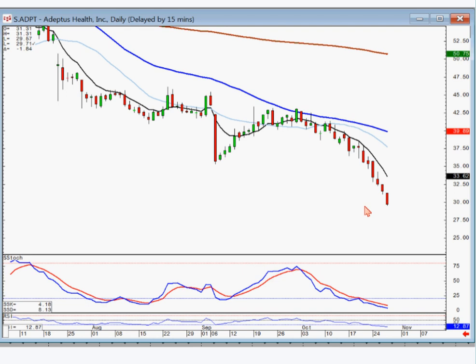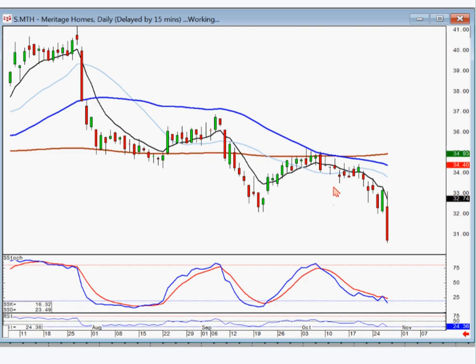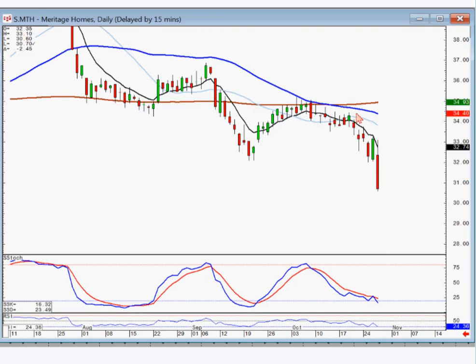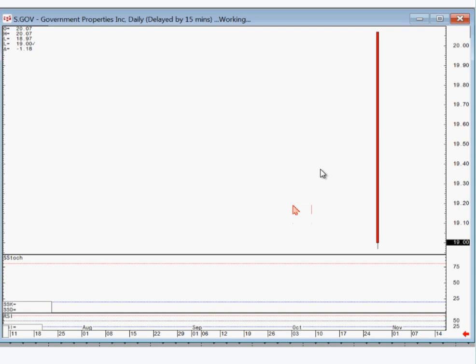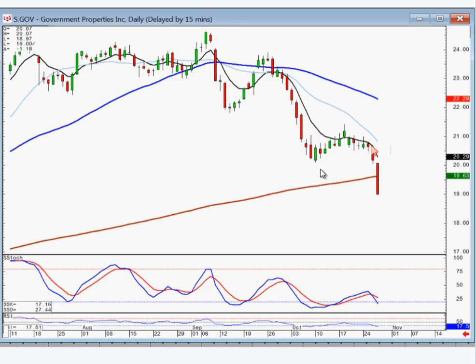So what we're looking for is things that may be setting up for that same type of situation, like MTH. Notice what it did today. Kind of a not quite a kicker signal, but it broke this level. That told me there's probably more downside on this one. Or GOV. There's that slow curve.